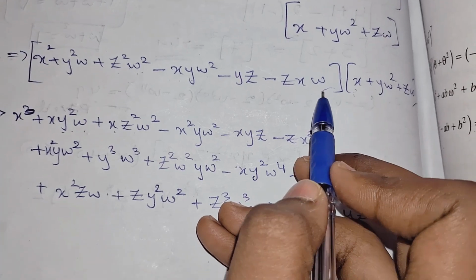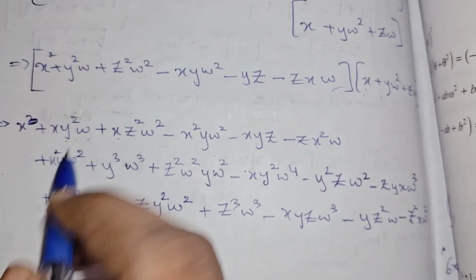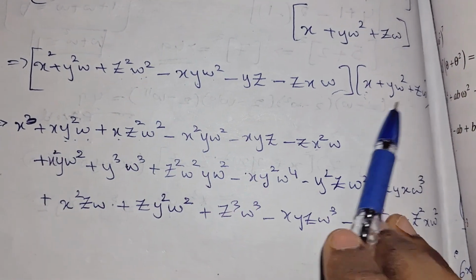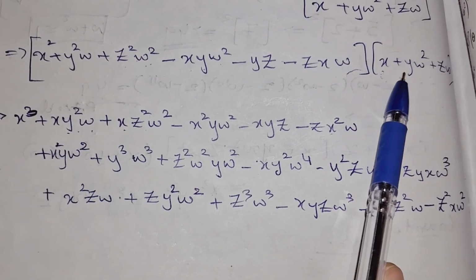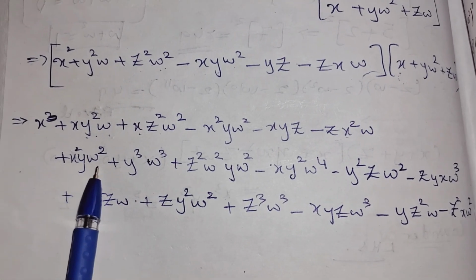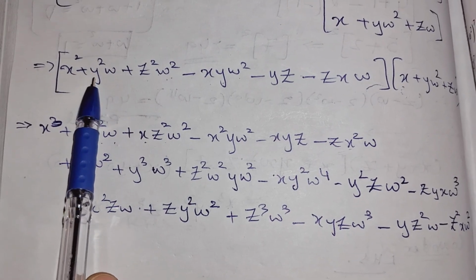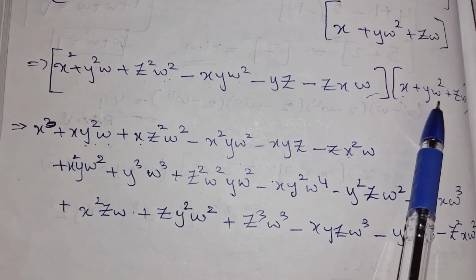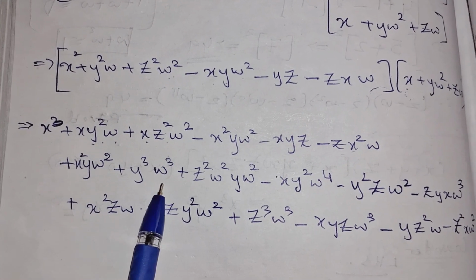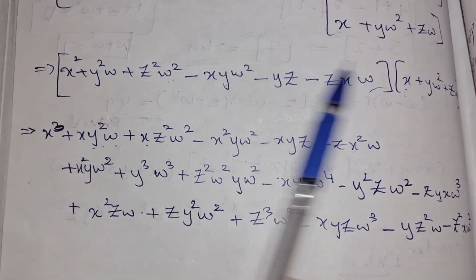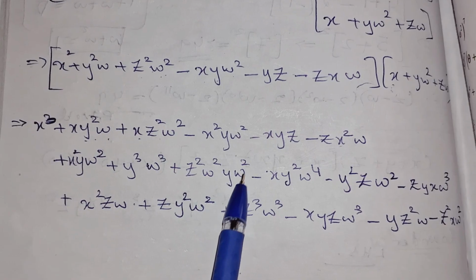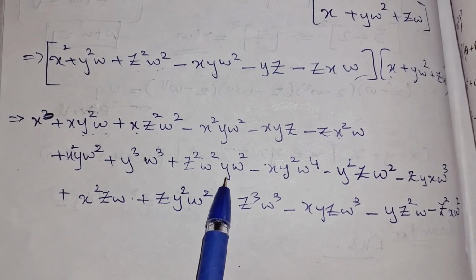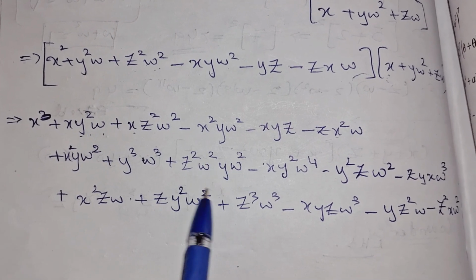So with x I have multiplied all these terms first, then all these terms I have multiplied with y omega square. That is x square into y omega square, x square y omega square, y square omega into y omega square is y cube omega cube, z square omega square into y omega square is z square y omega to the power 4.